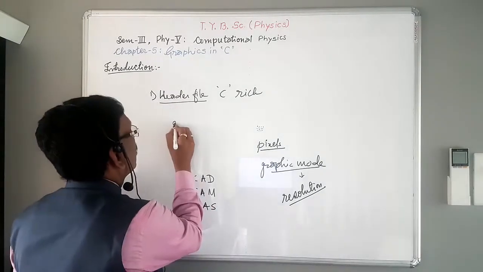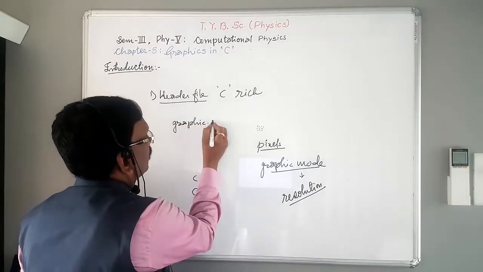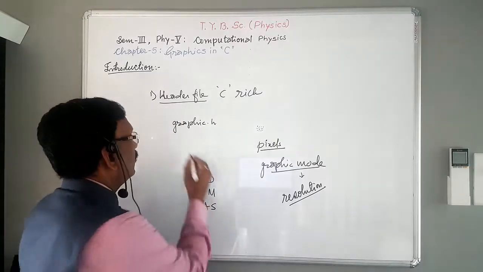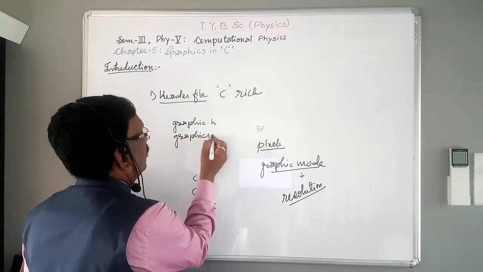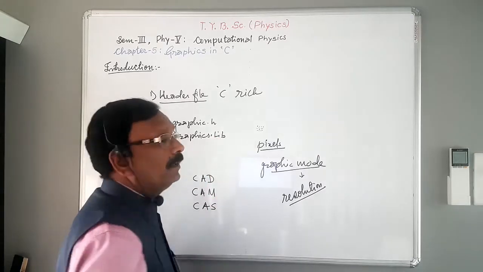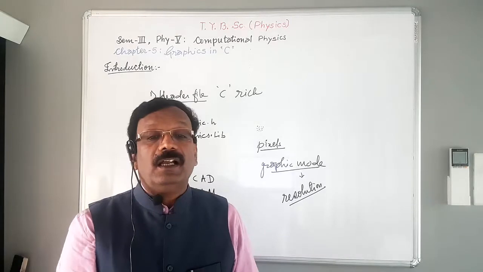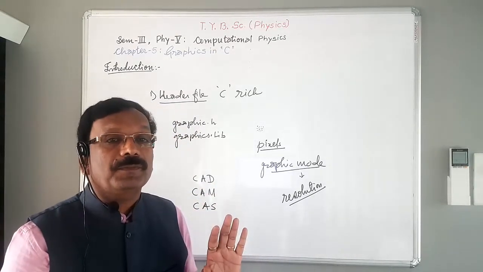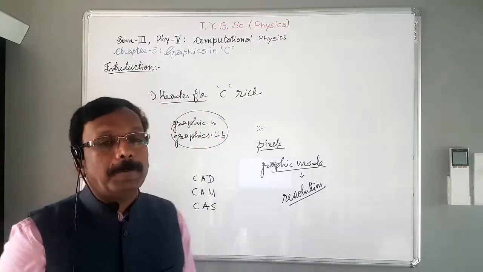The files graphics.h and graphics.library, or LIB, these two files are used for graphics programs.